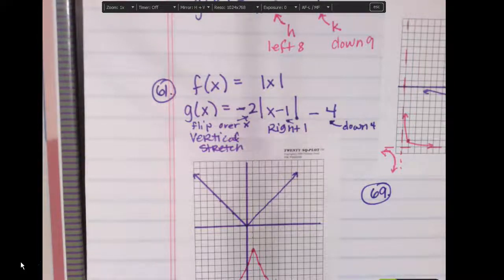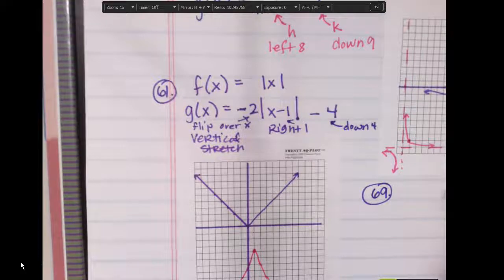So use the fact that the graph of y equals f of x has x-intercepts at 2 and negative 3 to find the x-intercepts of the given graph. So let's see. Let me move this over here.